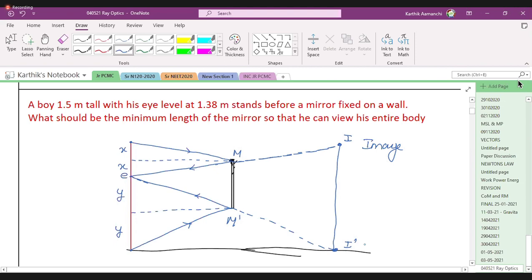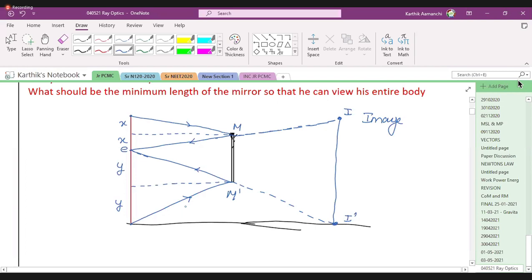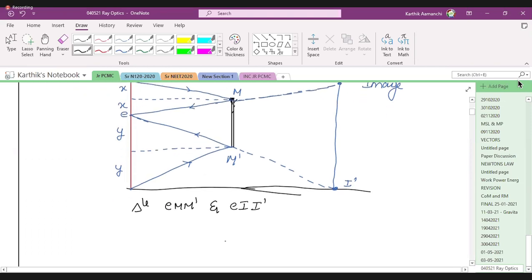If the ray diagram is clear, then, okay. Now triangle EMM dash and EII dash are similar. Yes, sir.